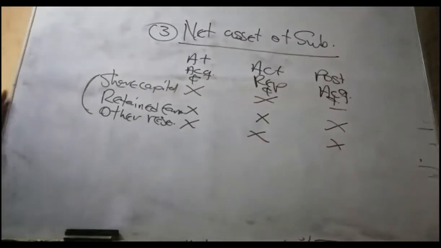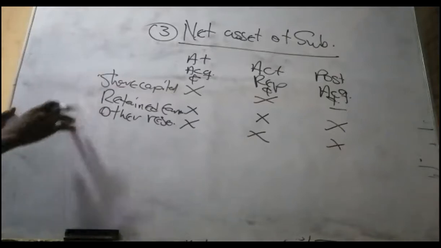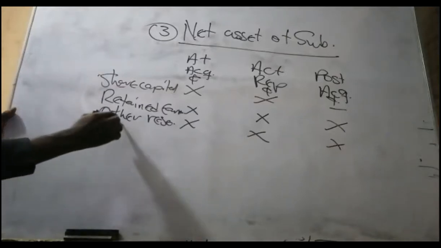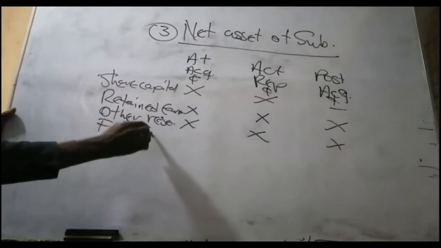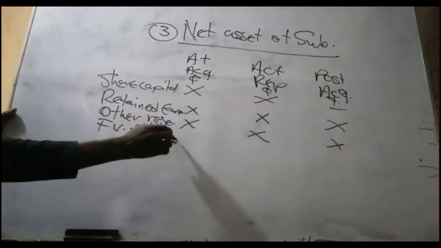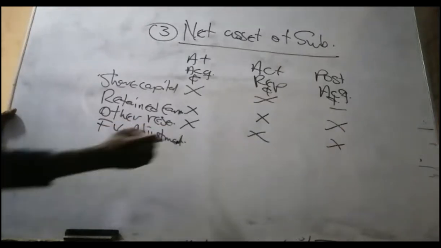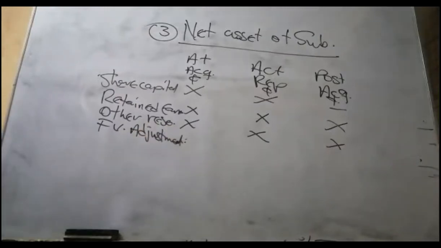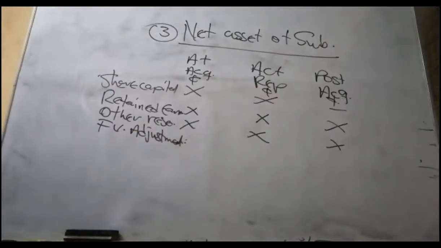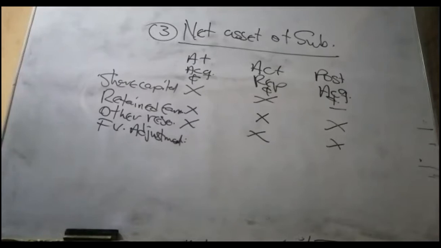Then you are done. They have what we call fair value adjustments. For the fair value adjustments, let me explain another issue.